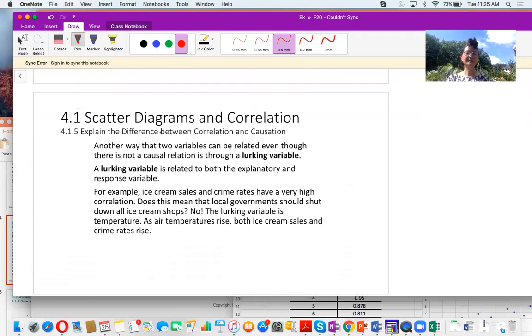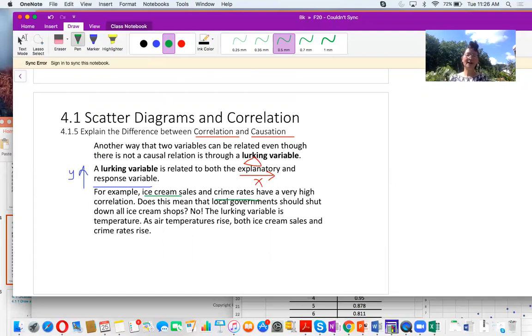And also, in explaining the difference between correlation and causation, we have to be aware of another concept, the lurking variable. A lurking variable is related to both the explanatory variable and the response variable. Remember, X is the explanatory variable, and Y is the response variable. For example, ice cream sales and crime rates have a very high correlation.